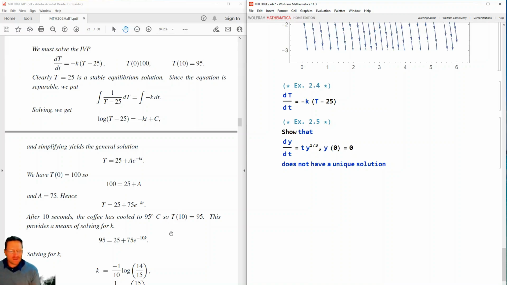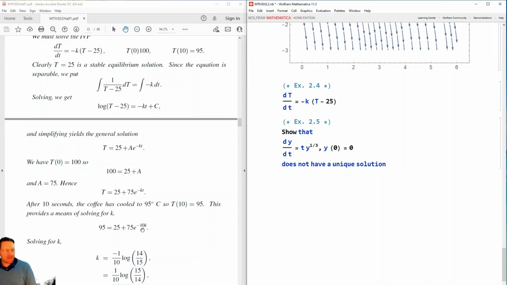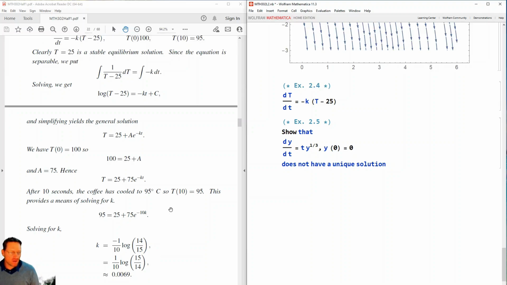So we need to find the k value for coffee, or for the system of the cup of coffee. That's why we use this t of 10 is 95. So we take a measurement first. We're subbing in our 10 seconds into the initial value problem solution that we got so that we can solve for k.